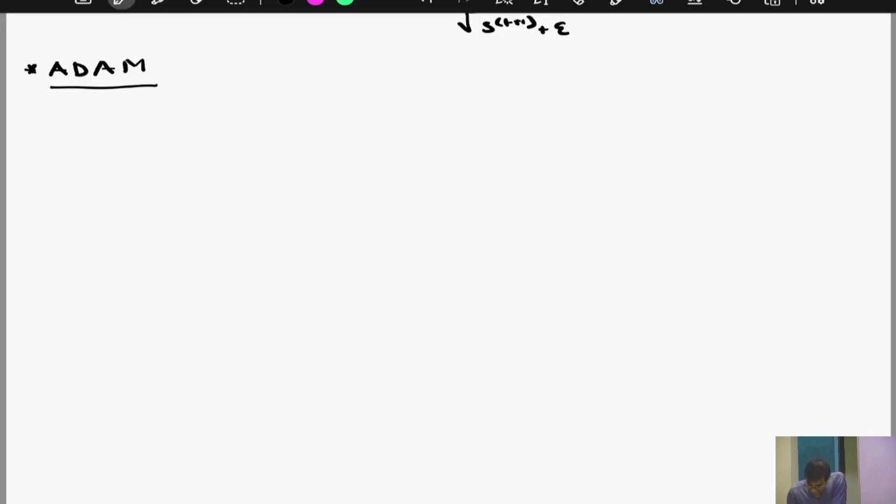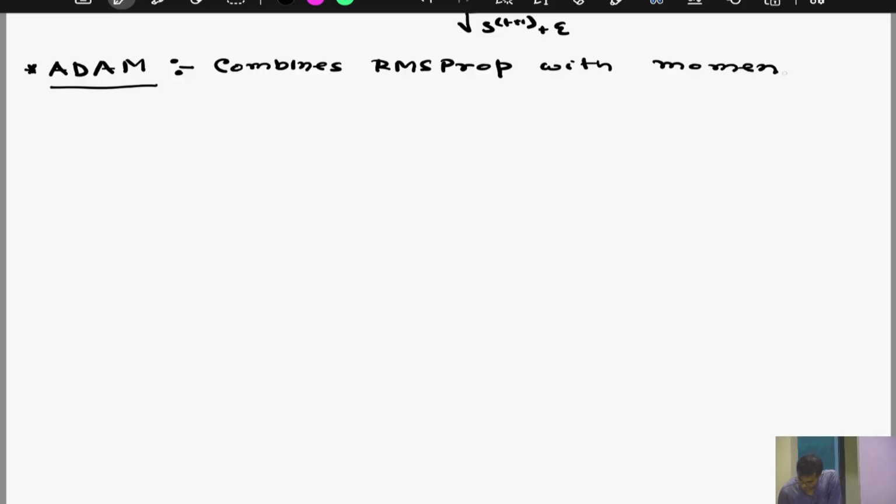Maybe that is AdamW, I don't know. I have to check that out. Adam combines RMSprop with momentum based gradient descent, right?